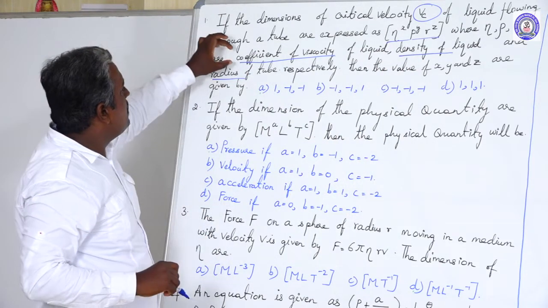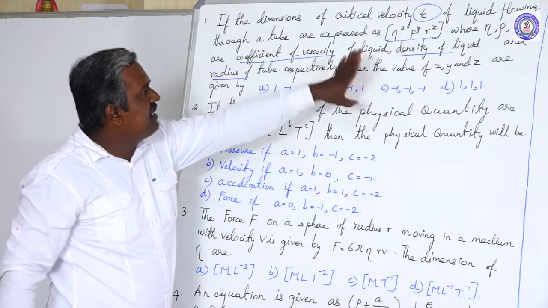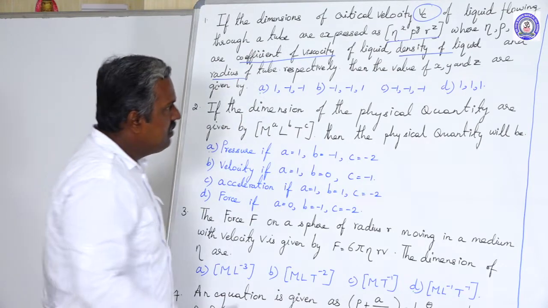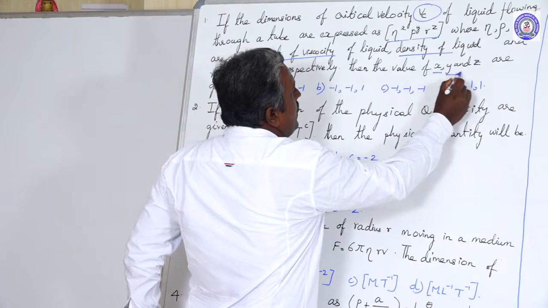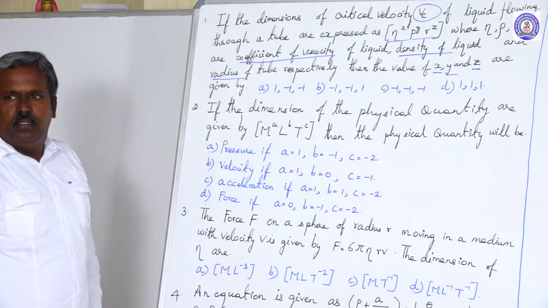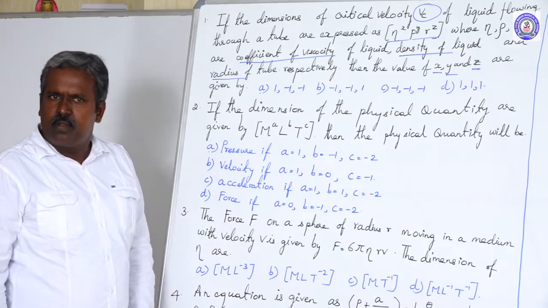So eta means coefficient of viscosity, rho means density, r means radius respectively. Then the values of x, y and z are given by. What is the formula? Remember or not? Okay.